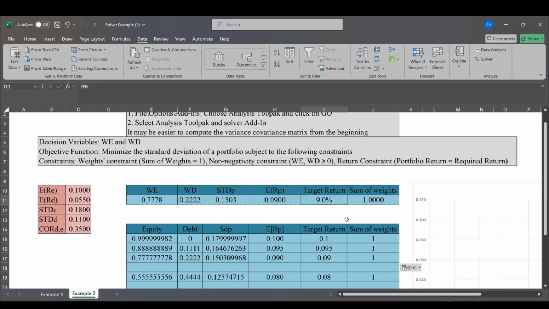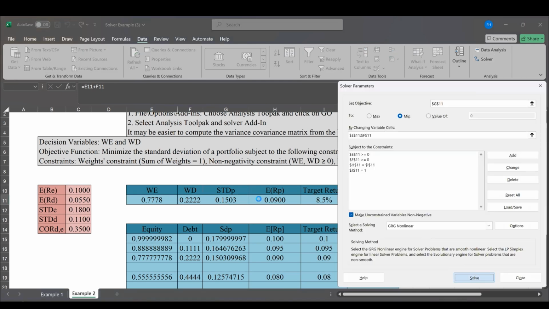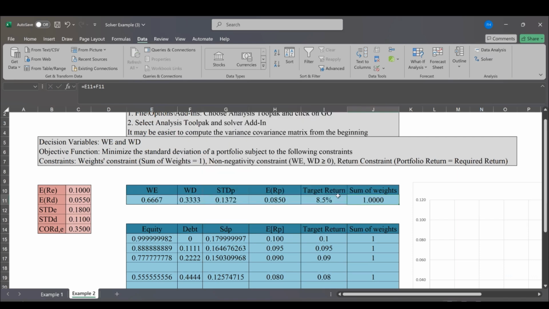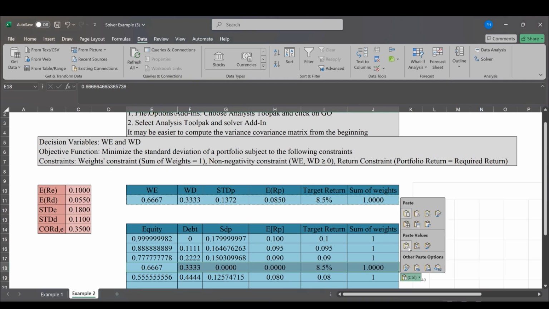Now let's say I want 8.5%. I'm gonna solve. So I copy and paste values only.